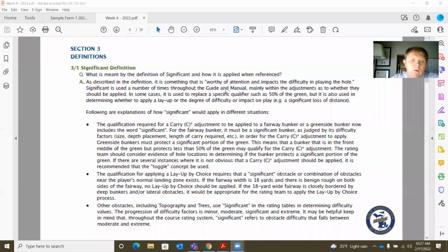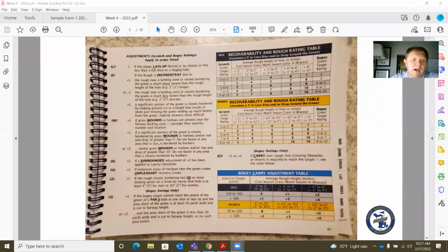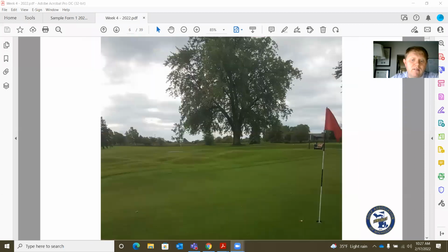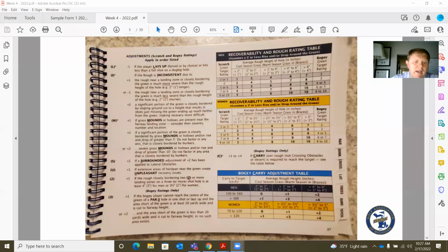But now we're saying that you might have a green where this runoff or drop off, where we would apply an I plus, might not meet 50% of the green, but it's still significant because it's either in a location that's going to come into play a lot, or it's near an area of the green that has the majority of the hole locations. And so it's giving us a little bit more leeway to apply an adjustment. Whereas before it was just strictly based on if it was half the green, it applied. Now there's a little bit more discretion there.